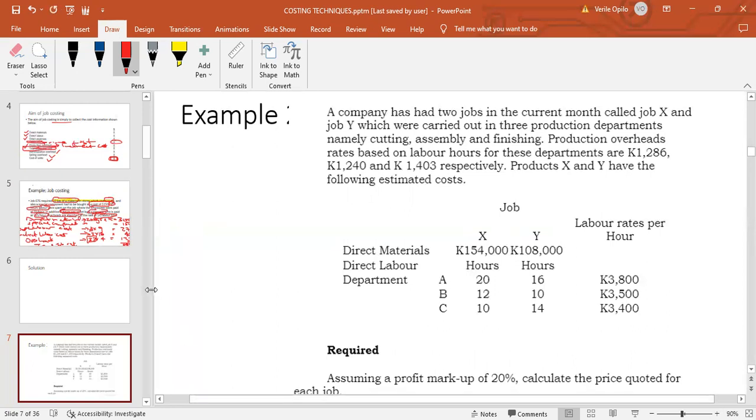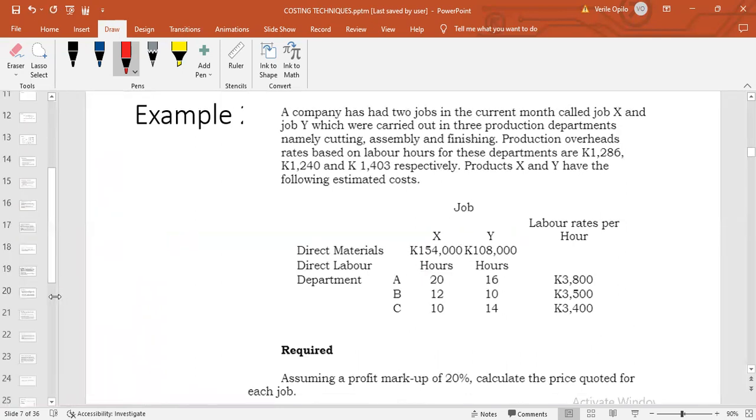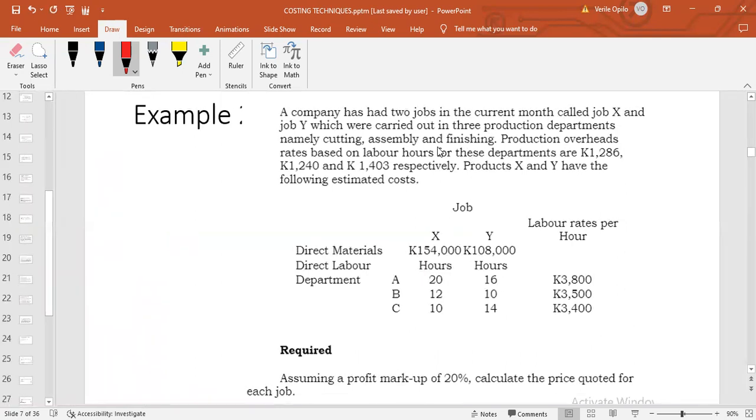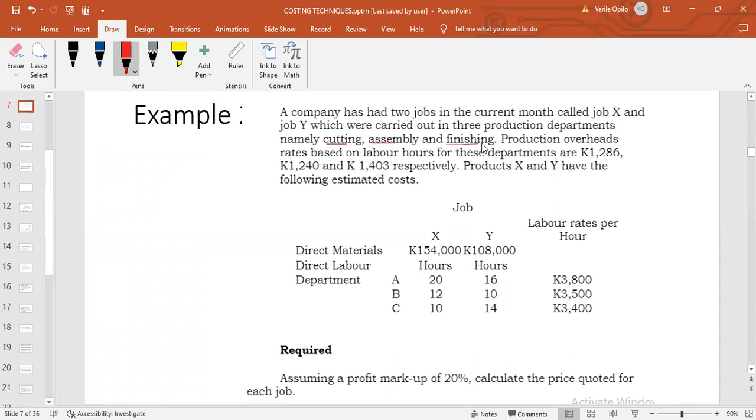And these 2 jobs are job X and job Y, which were carried out in 3 production departments. These departments comprise of the cutting department, assembly, and finishing department. Production overhead rates based on labor hours for these departments are as follows.